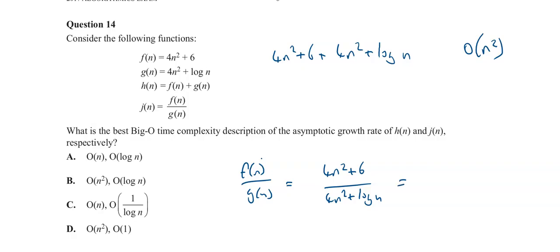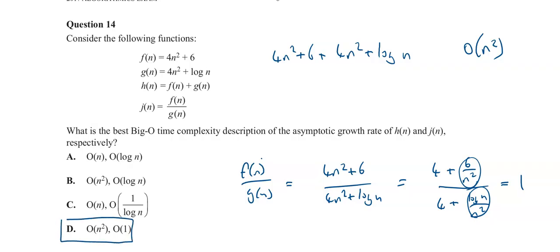So we are going to divide everything by n squared. We have 4 plus 6 over n squared over 4 plus log n over n squared. These two functions, because the bottom term dominates, they disappear. We are left with 1. And so we have D: big O of n squared for the first one, big O constant time for the second one.